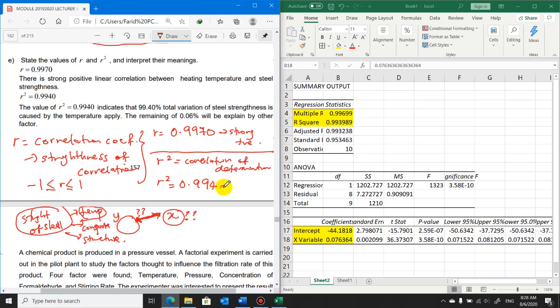So which mean dekat sini 99.4% of Y, okay, 99% strength ni boleh dijelaskan, can be explained by X. So maksudnya temperature mempengaruhi 99.4%. Komposit dia mungkin adalah 0.6%, mungkin. Okay, yang kena check balik.